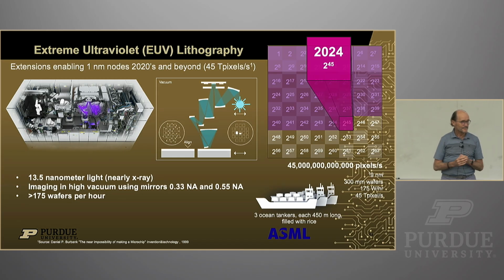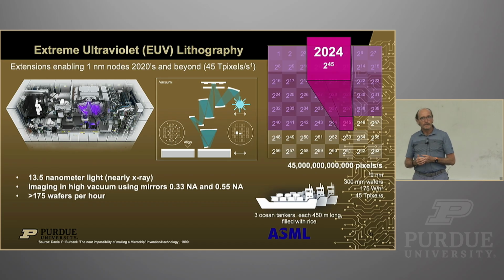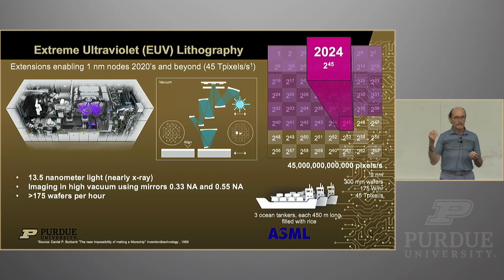Go ahead. Why was that such a large jump? The large jump was mostly because once we tried to go from 193 to 157, the photons already became energetic enough that they could start to do damage to any type of glass.